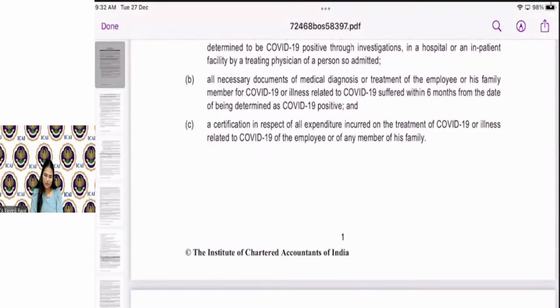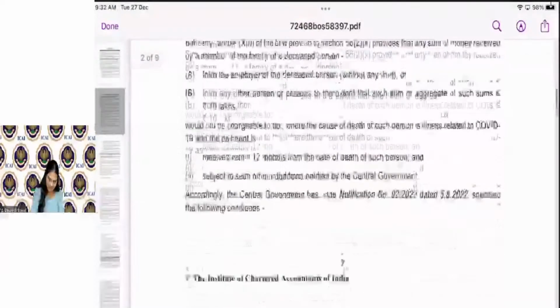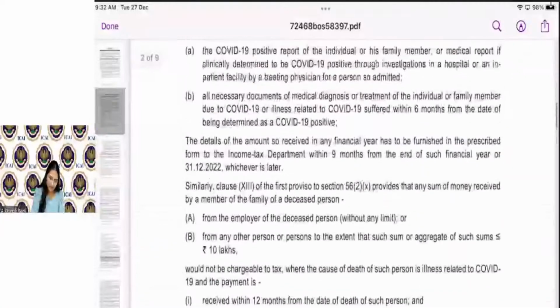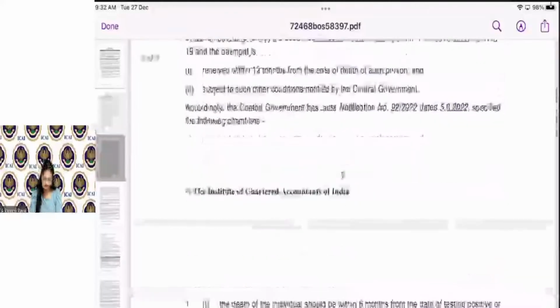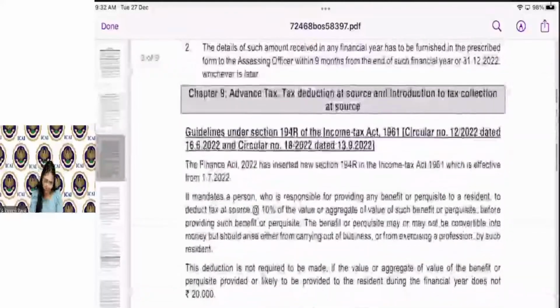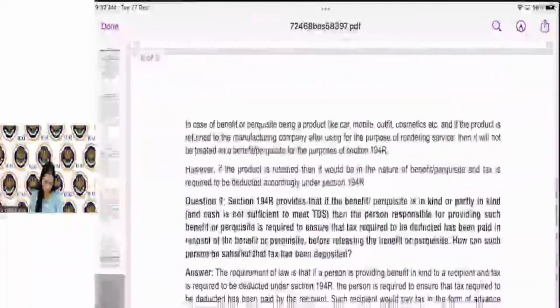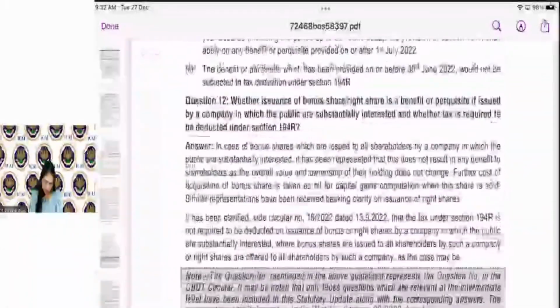If assessee fail to file return, then in that case, there is a reopening of case provision that you will study in final level.